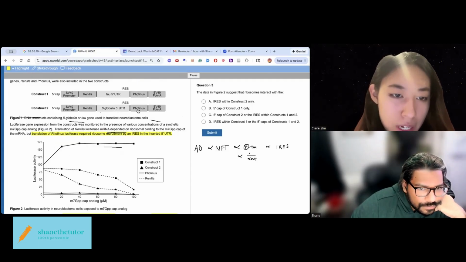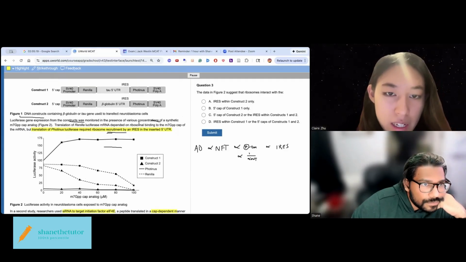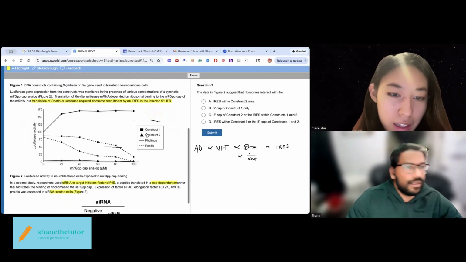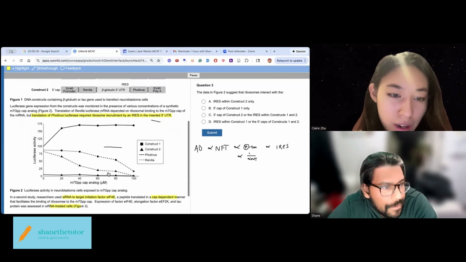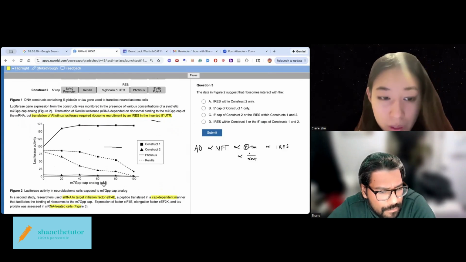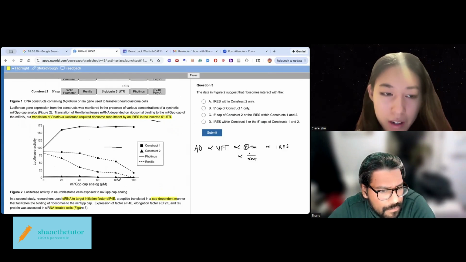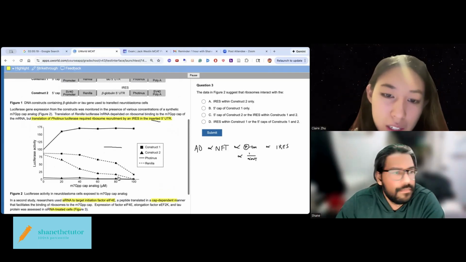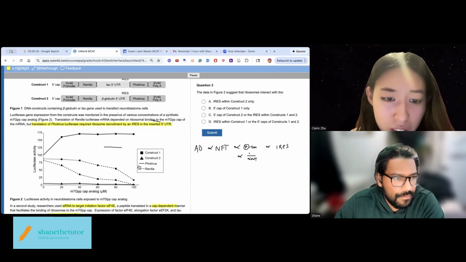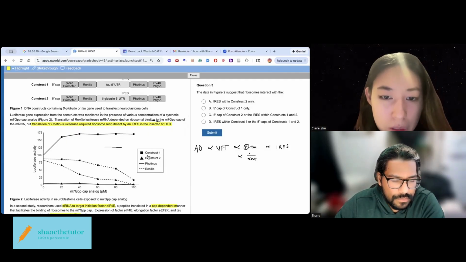But the one that comes after required the IRES ribosome, which also makes sense. And then looking at this graph, as we increase the cap, it shows the Renilla signal, and then it distinguishes between the two constructs.